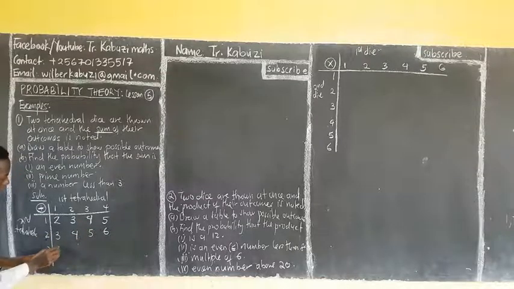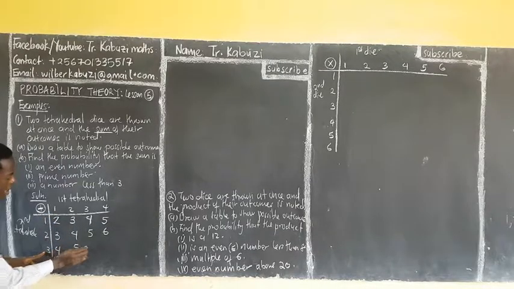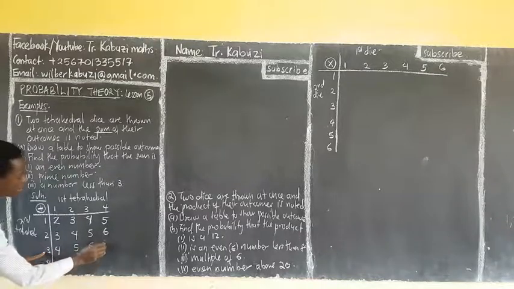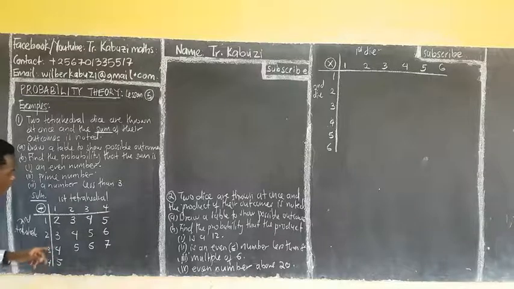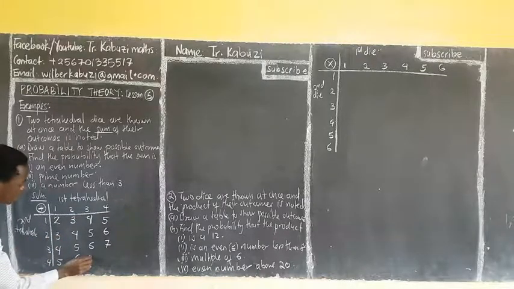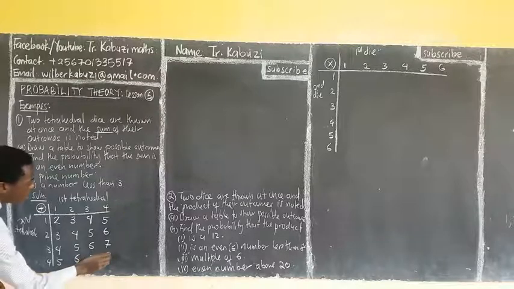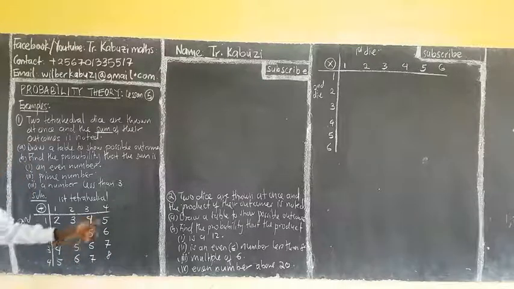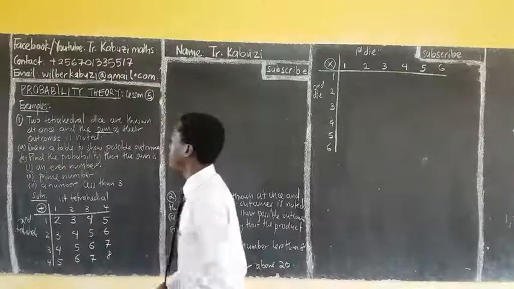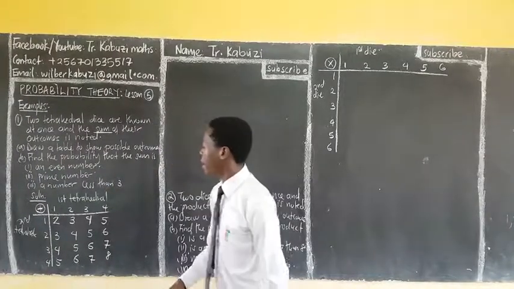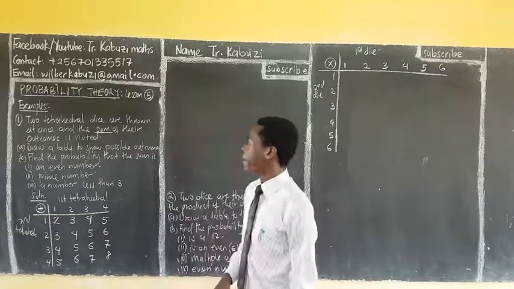This one will now be 4. 3 plus 1, 3 plus 2, 5, 3 plus 3, 6. This is 5, 4 plus 2, 4 plus 3, 7, then 8, 4 plus 4. So now this is the sample space, or the possible outcomes when I take the sum.